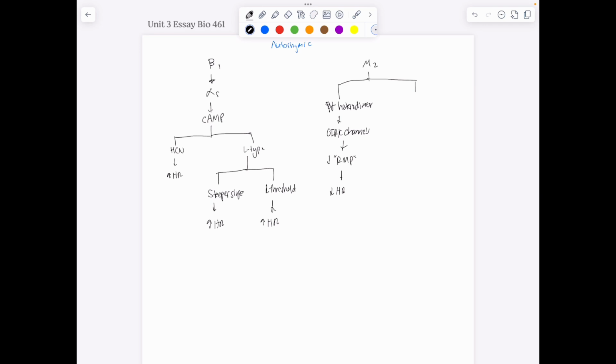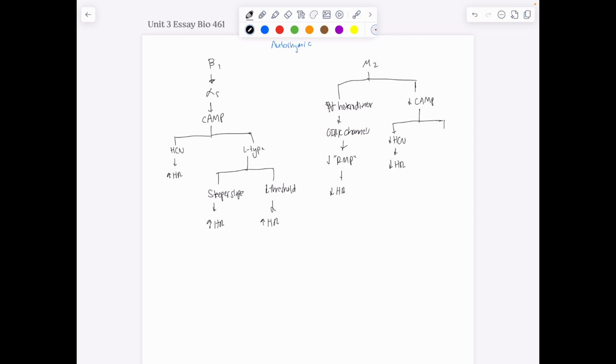Or we'll have a decrease in cAMP, which will cause a decrease in HCN, which will decrease our heart rate.